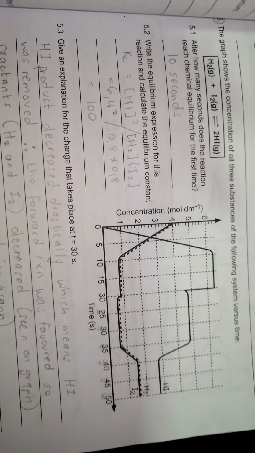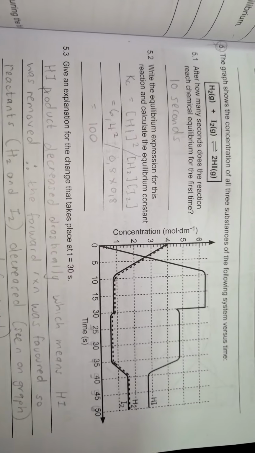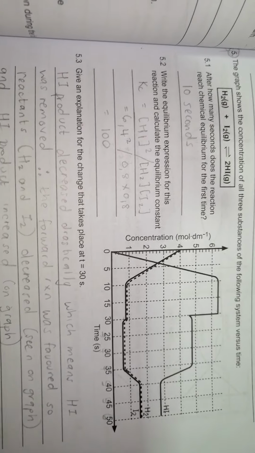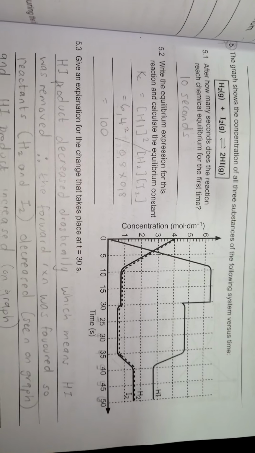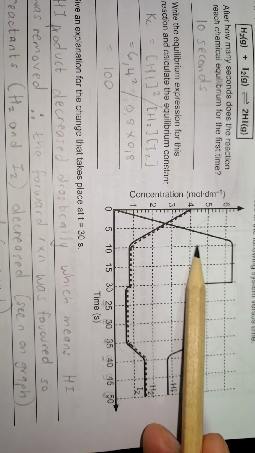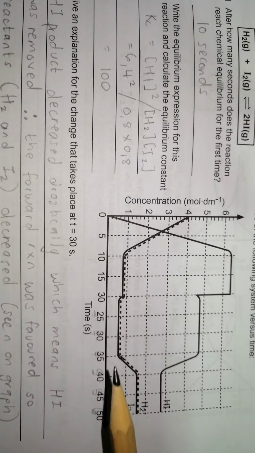Then from the graph, we can find the values. Remember, Kc is an equilibrium constant, which means you need to use equilibrium concentrations, only the concentrations at equilibrium. So we're going to choose the first equilibrium, which is at 10 seconds, and use the concentrations at 10 seconds, not anywhere else.